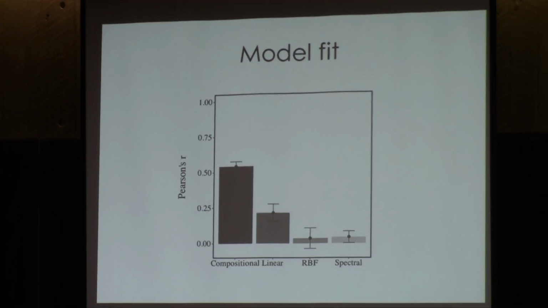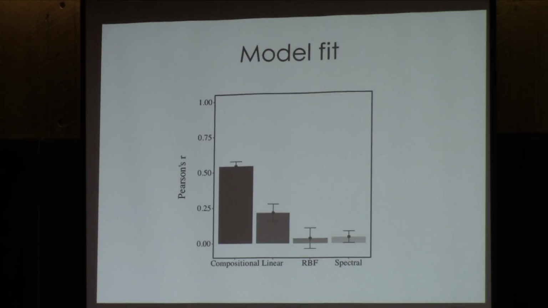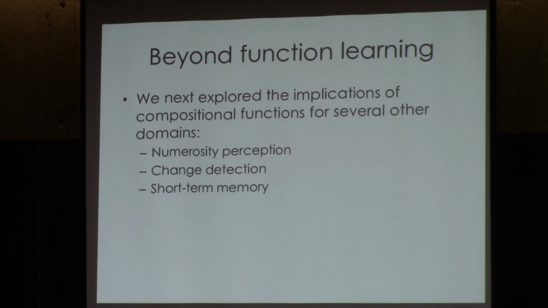And we can also fit each of these models to the behavior and show that the compositional model has a much better fit to the trial by trial data in this paradigm compared to the spectral mixture function. Okay, so that's the end of this barrage of function learning experiments. I can take questions on this part, or I can keep going to the broader implications.